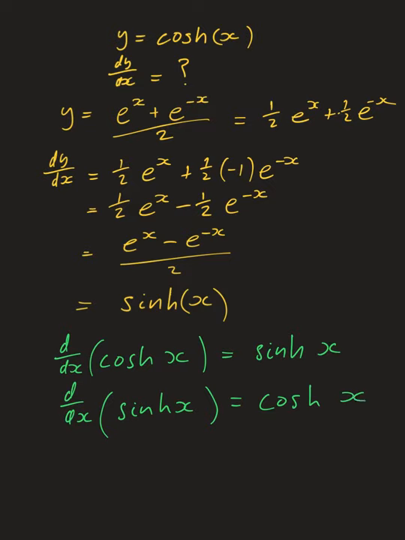So this is similar to what we had with sine and cosine, where the derivative of ordinary sine of x was equal to cos, and the derivative of ordinary cos was actually equal to minus sine. So it's a similar thing with the hyperbolic sine and cosine, except that each one differentiates and becomes the other, whereas with normal cosine that becomes minus sine.